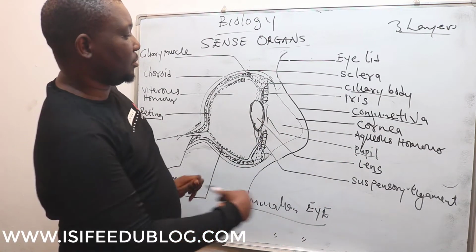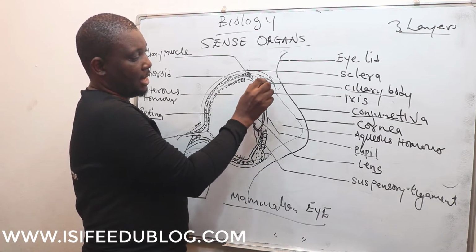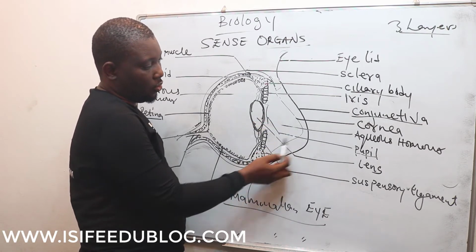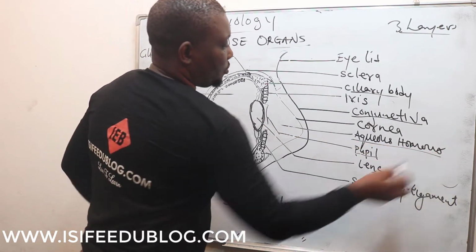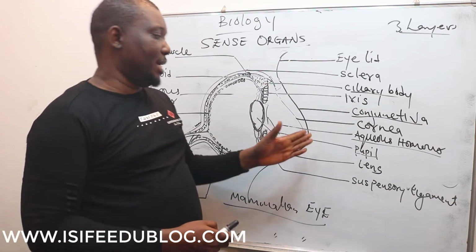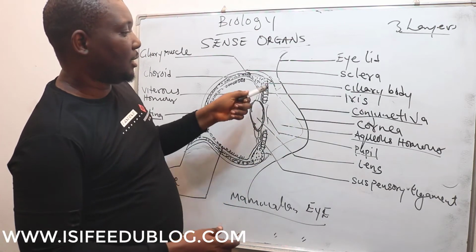There is a solution here that is being secreted by the ciliary muscle. That solution that fills this space is called the aqueous humor. The aqueous humor also aids in the bending or refraction of light when it strikes the cornea.